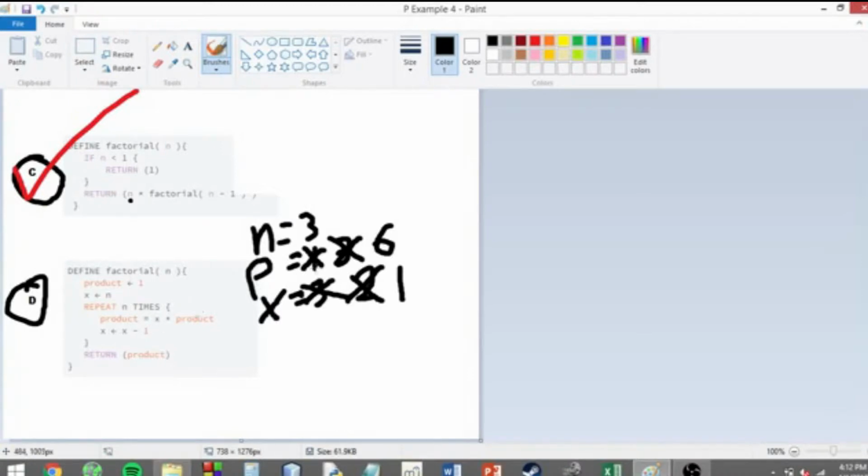X is 1, the product is 6. 6 times 1 is still 6. Then x equals x minus 1, so that makes it 0. And now we've repeated it 3 times. You can also see that because I made 3 cross-outs here. And lastly, we return product, which is right there. And that's as it should be, a 6.